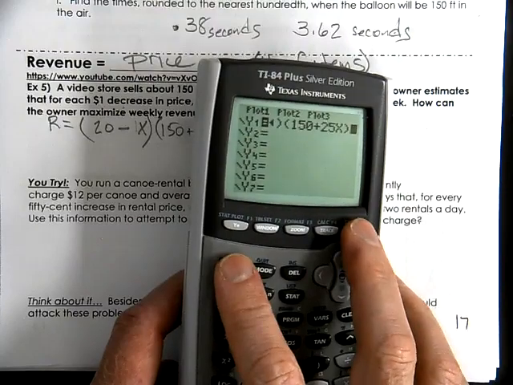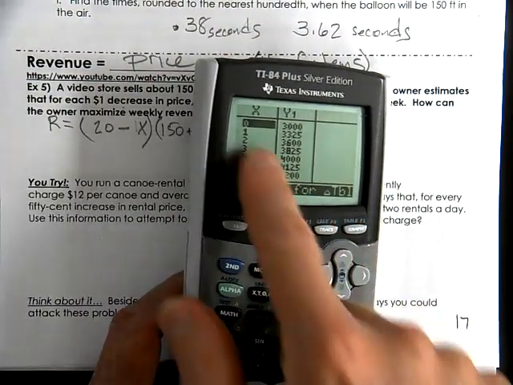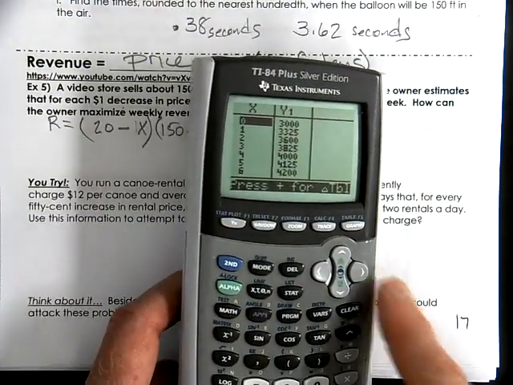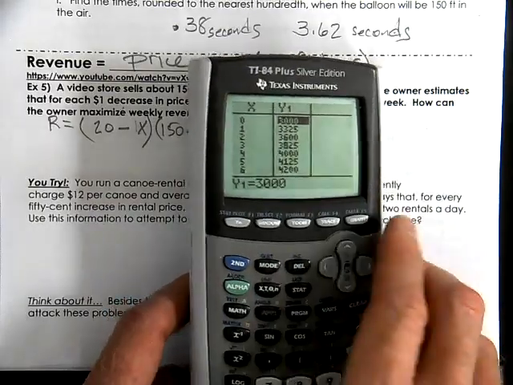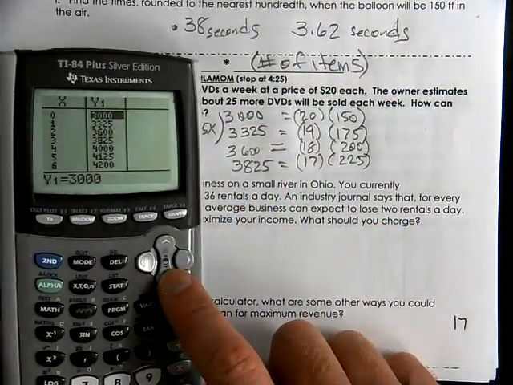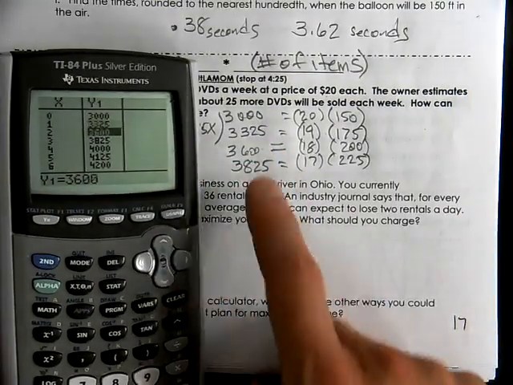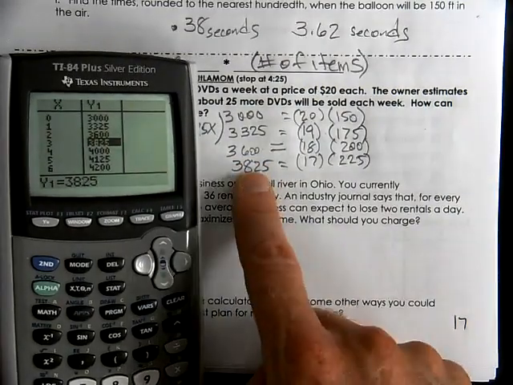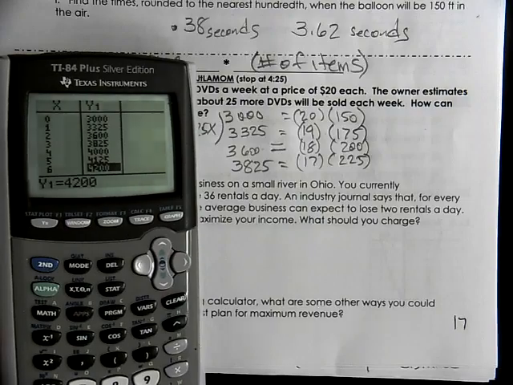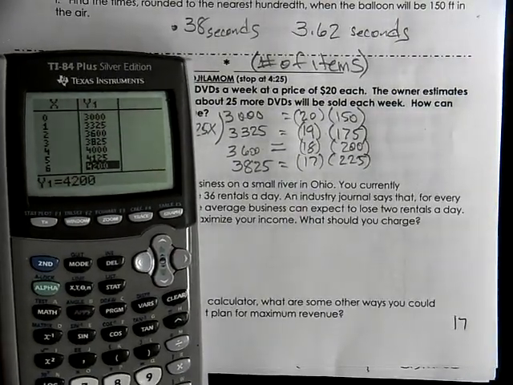If we go to table, second graph, second table, you can see at 0 adjustments in the price, we're going to make $3,000. That's exactly what we said. And after $1 in adjustments, we made more and more and more. And it seems to keep going. Is it going to go forever?